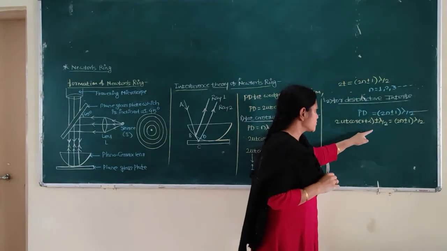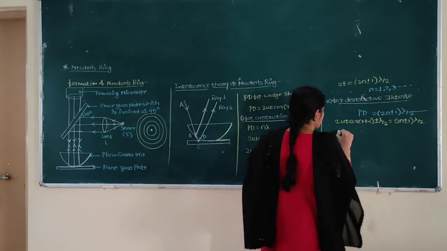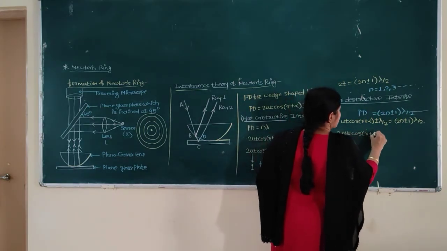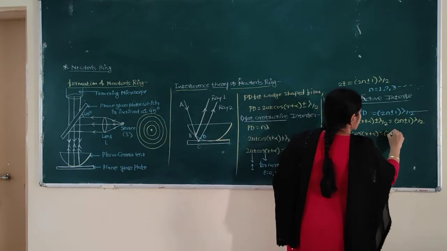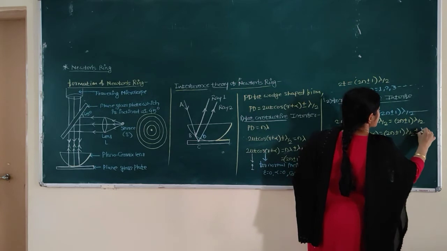Now again here also the term λ/2 will be taken to the right side. We get 2μt cos(r + α) is equal to (2n ± 1) λ/2 ± λ/2.